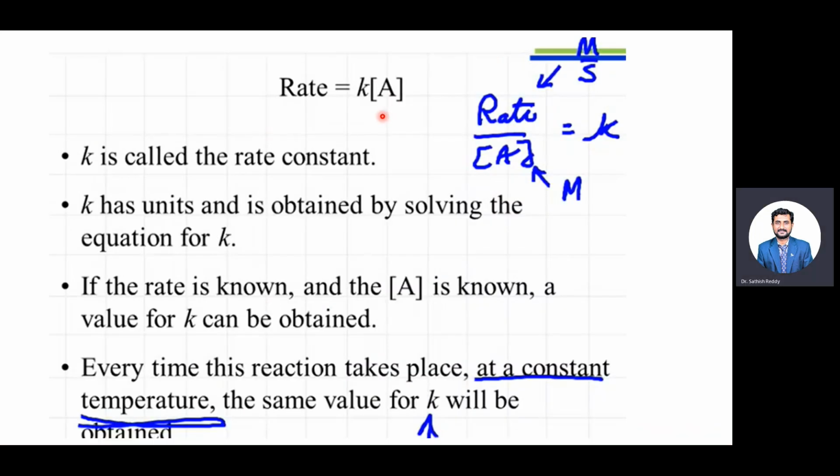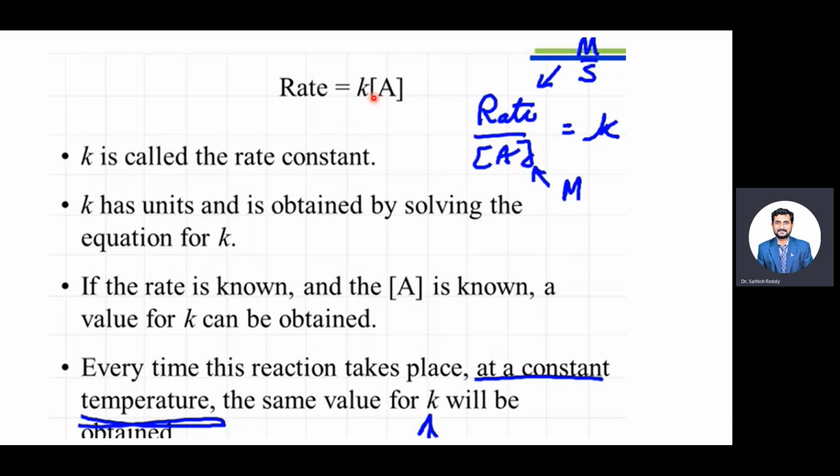So rate is equal to k, the rate constant, times the concentration. k is called the rate constant and has units, obtained by solving the equation for k.